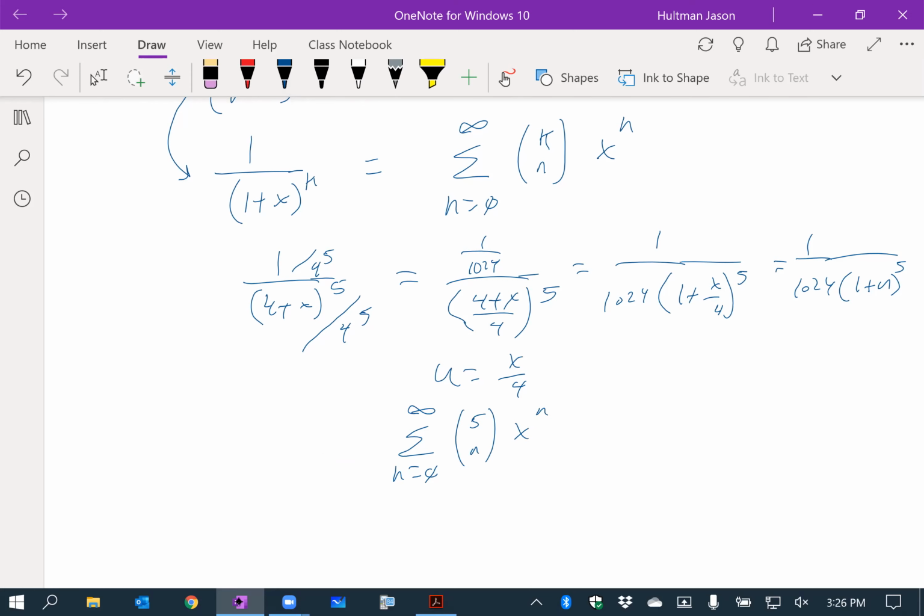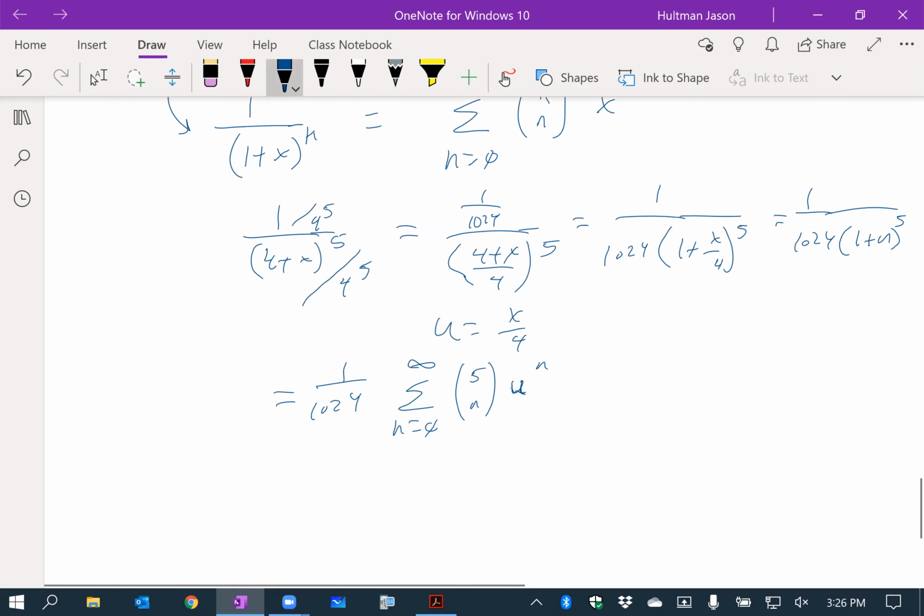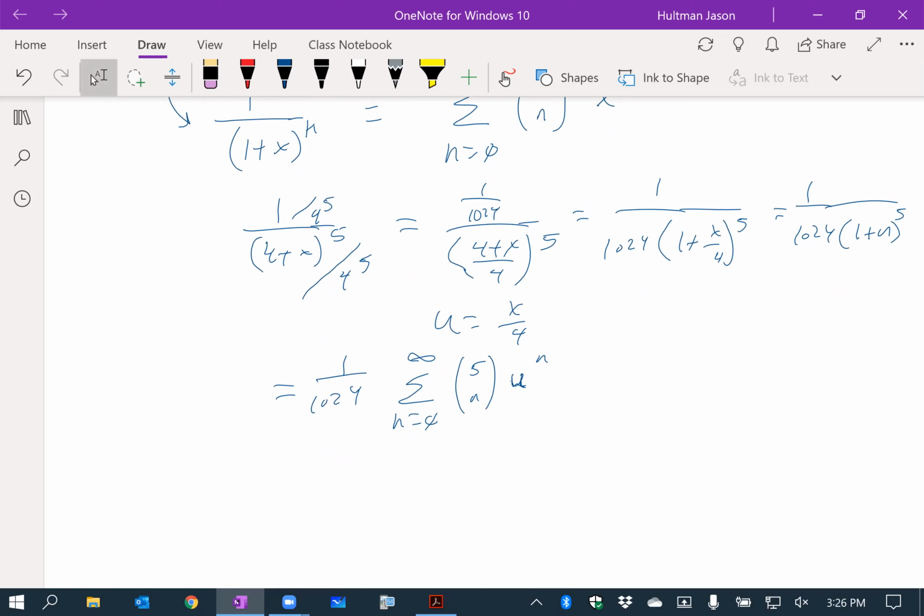But I have this 1 over 1024. This is u, by the way, u to the nth. So this is going to be 1 over 1024, right? So 5 choose n there.